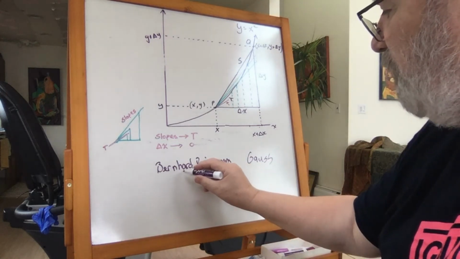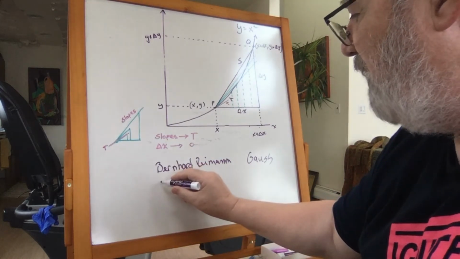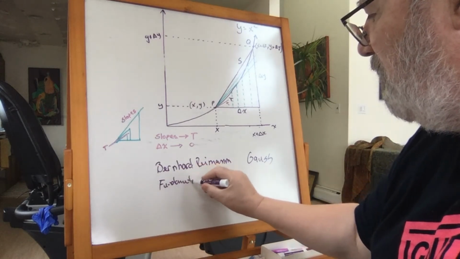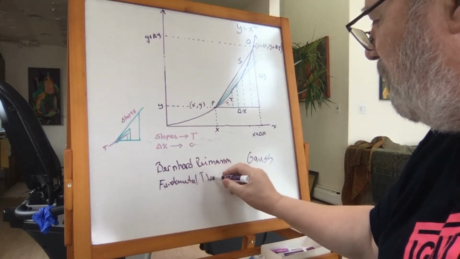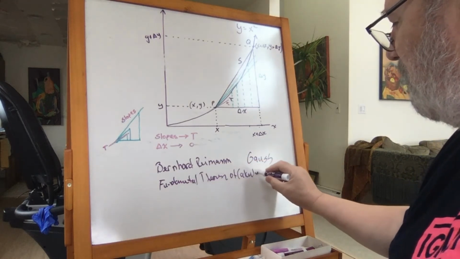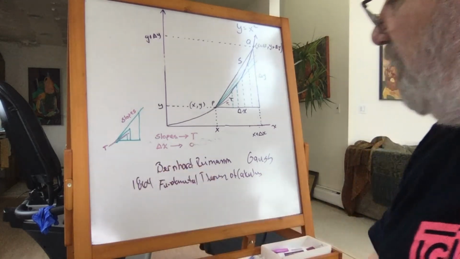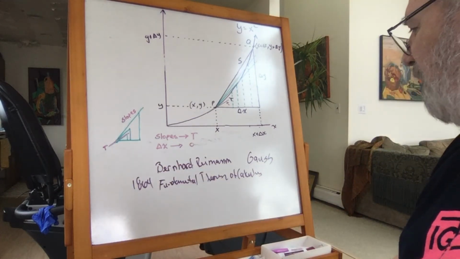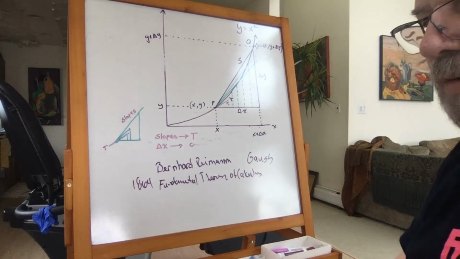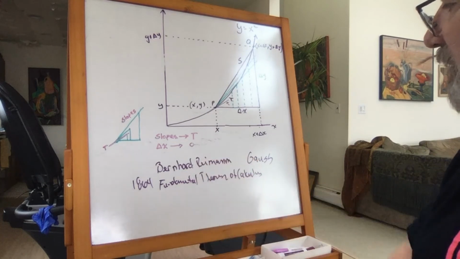He also was a brilliant mathematician in his own right. He was the one that derived the fundamental theorem of calculus in the 1860s. So it was a long time after Newton that there was a firm theoretical basis for calculus, and it was Bernhard Riemann.